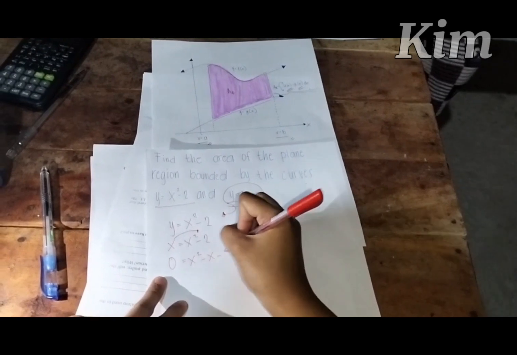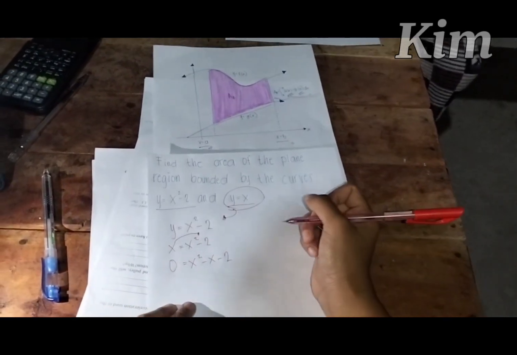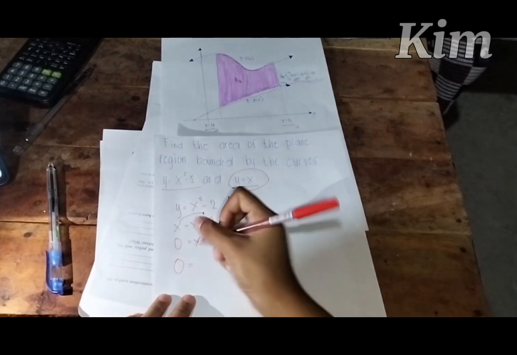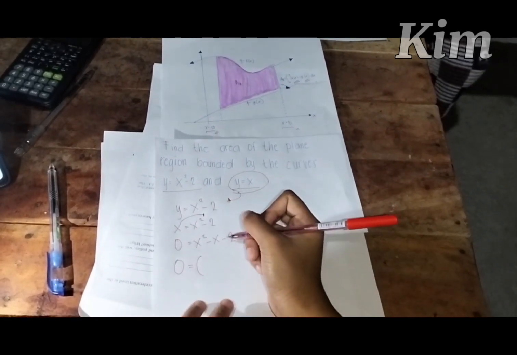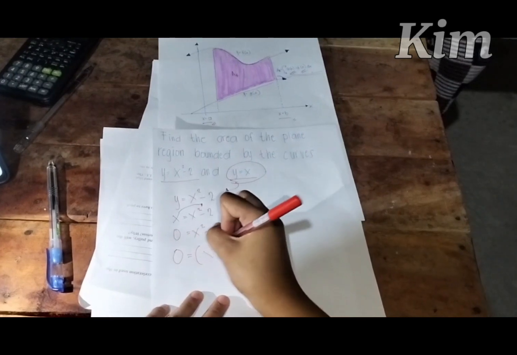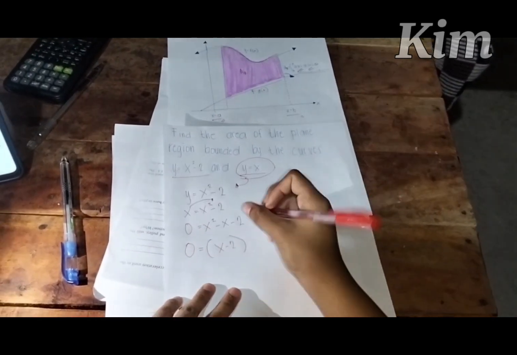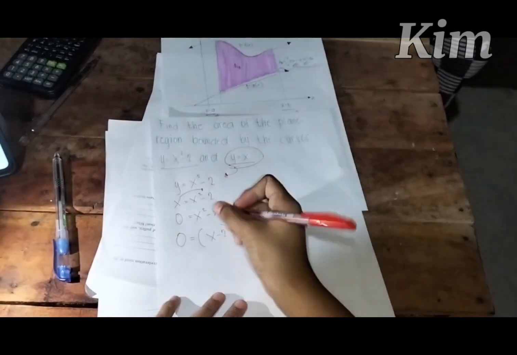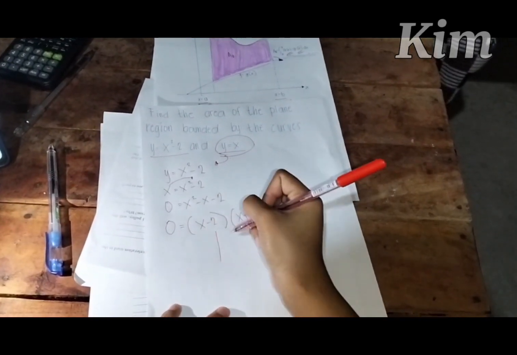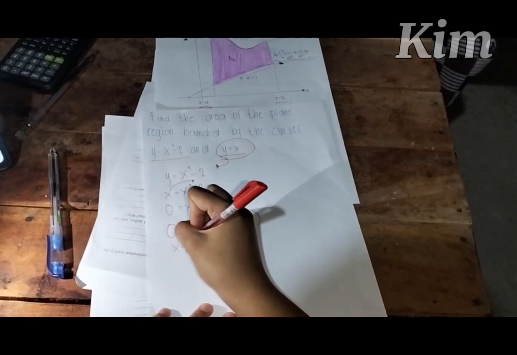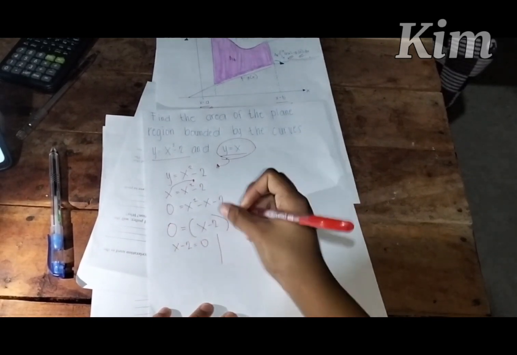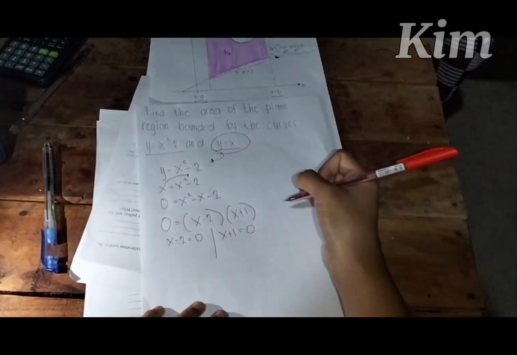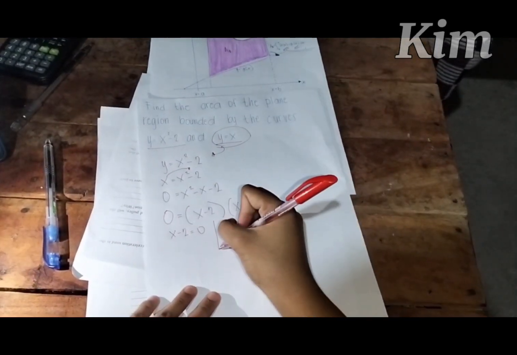So let's solve the value of x. Transposing, 0 is equal to x squared minus x minus 2. By factoring, x squared minus x minus 2 is the same as x minus 2 times x plus 1. We have two possible equations. First, x minus 2 is equal to 0, and the other one is x plus 1 is equal to 0.